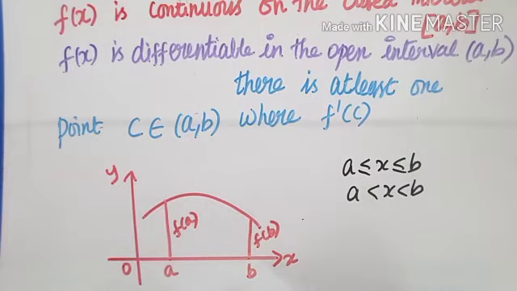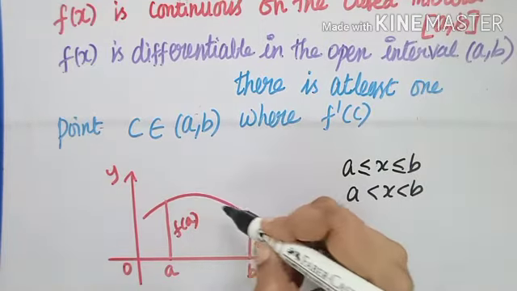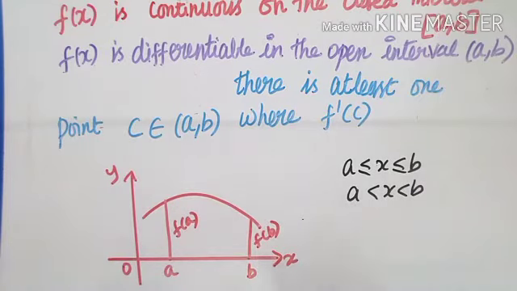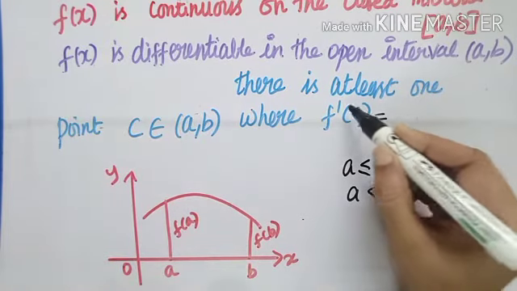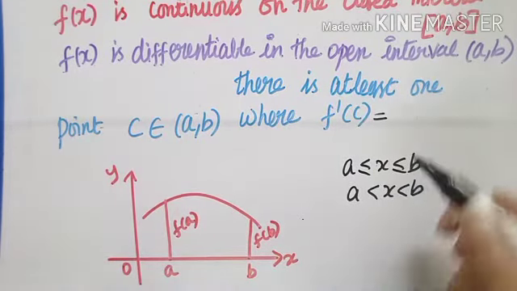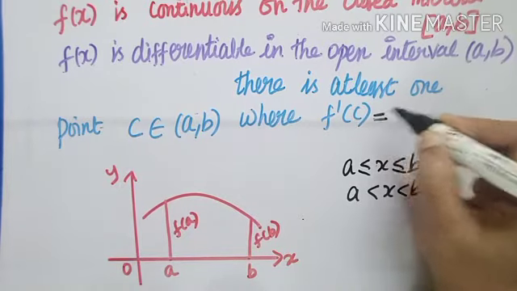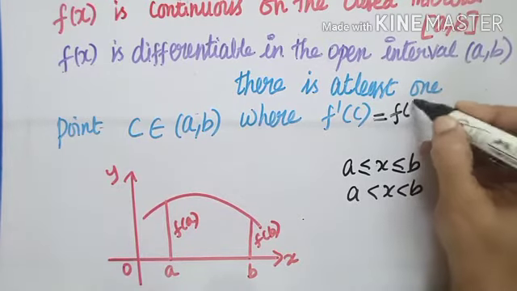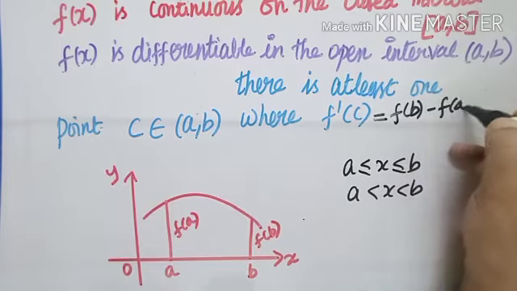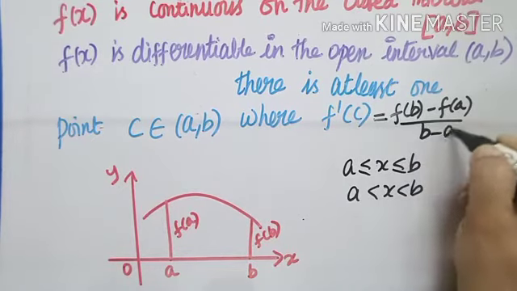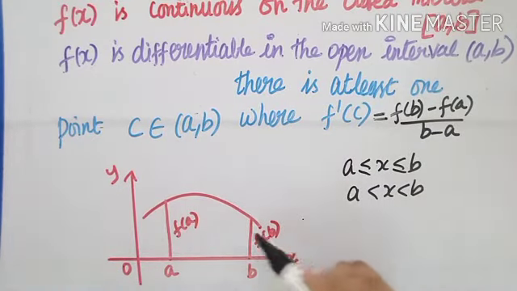What should I do? Now, again we have the tangent. What is the tangent slope? We have learned it is nothing but the derivative. So, what is the formula? This is given by Lagrange. The formula is f of b minus f of a by b minus a. Remember, slope we say y2 minus y1 by x2 minus x1.